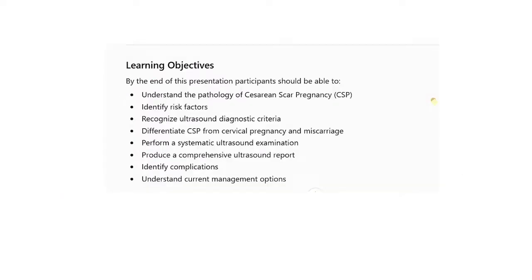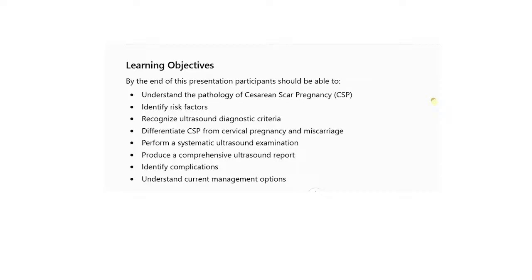Now, what are our learning objectives? What is it that we intend to master in this lecture? By the end of this presentation, participants should be able to understand the pathology of cesarean scar pregnancy and identify the risk factors. Then recognize the ultrasound diagnostic criteria, and differentiate CSP from cervical pregnancy and miscarriages.